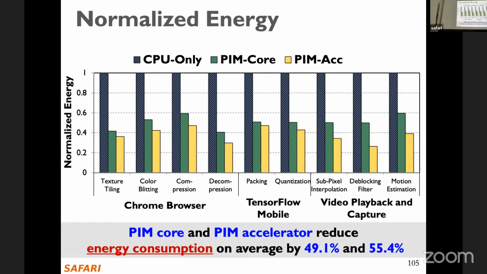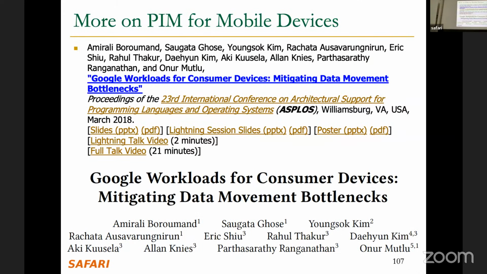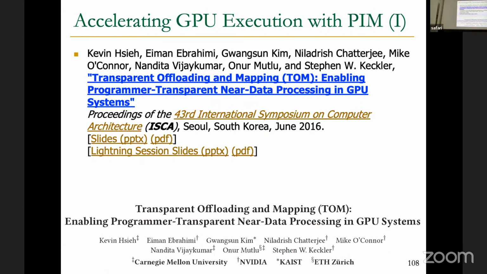By accelerating those simple kernels, for example the packing and unpacking that I just mentioned, with simple cores or accelerator engines inside the memory device itself, we can reduce energy consumption by around 50%, while improving execution time by around the same margin compared to your regular CPU implementation. This is the Google workloads for consumer devices paper.